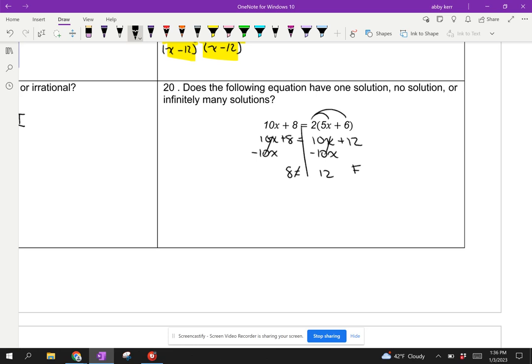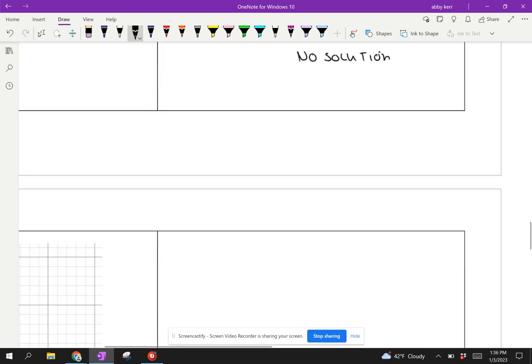A false statement symbolizes no solution. So one solution would be when you have x equals a number. No solution would be a false statement. And then infinitely many would be a true statement. So in this case, we definitely have no solution.